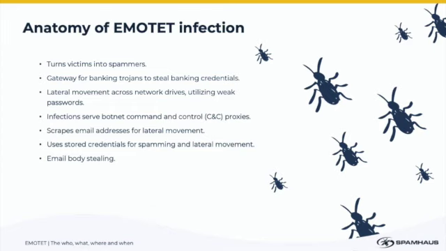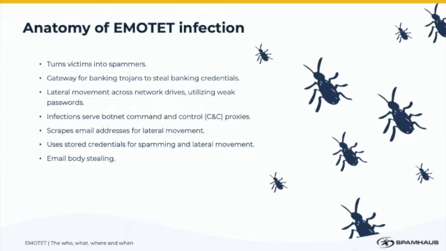So also, one of the specialities of an Emotet infection is that infections later on become part of the command and control infrastructure. They act as proxies to route traffic through the chain of proxies towards the final command and control server. Also, it scrapes all the email addresses for lateral movement. So not only does it infect your machine, but it also infects all the friends and family in your email box.